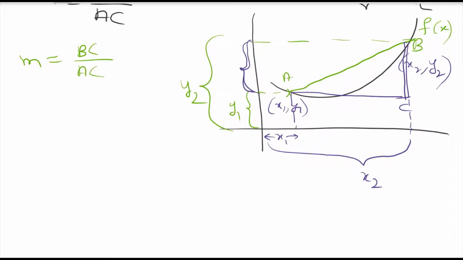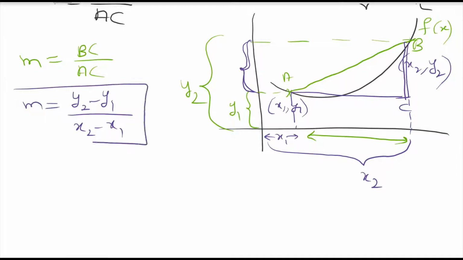I can say that BC equals y2 minus y1, and AC equals x2 minus x1. So slope M equals y2 minus y1 by x2 minus x1. This is defined generally for curves or between any 2 points.